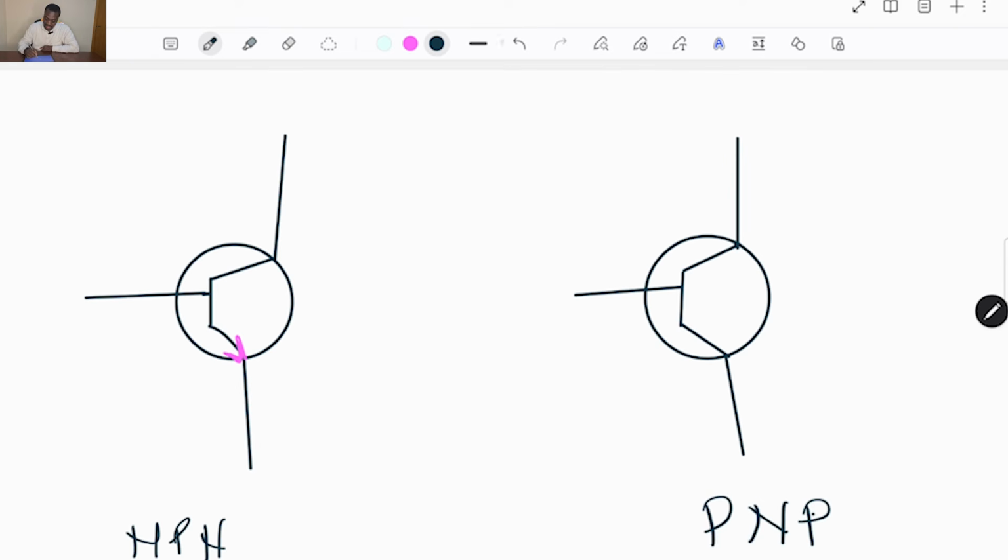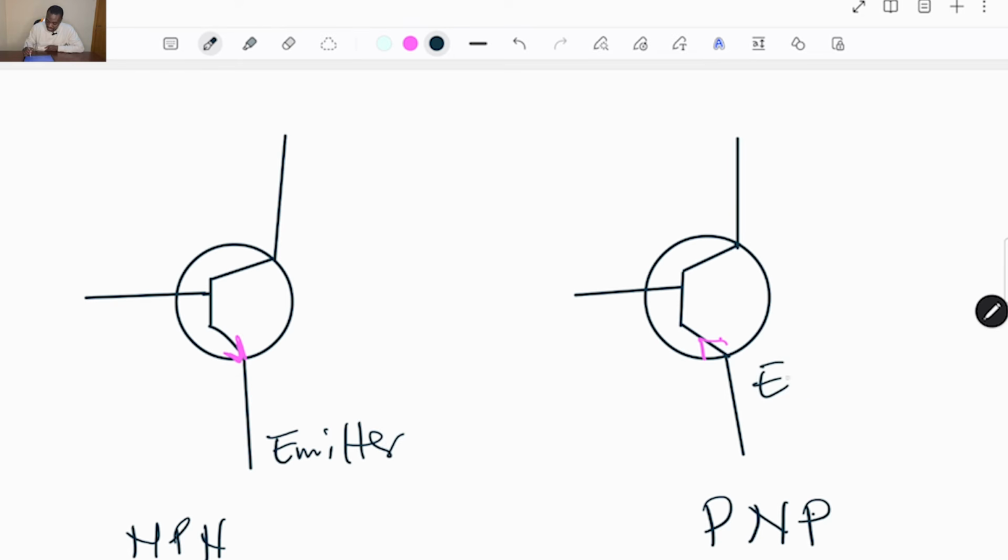For that one, the current is entering. So we have the current direction this way. Let me make it better. So based on the current indication, we can know this is the emitter.